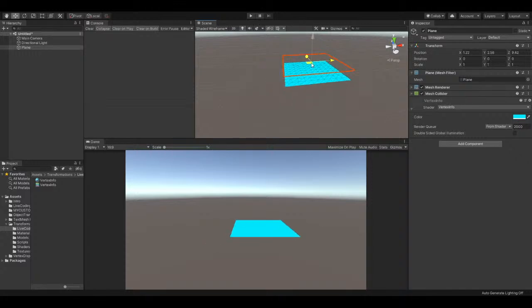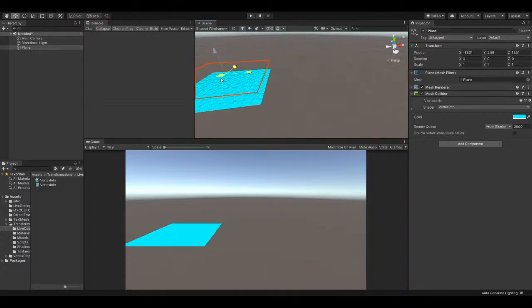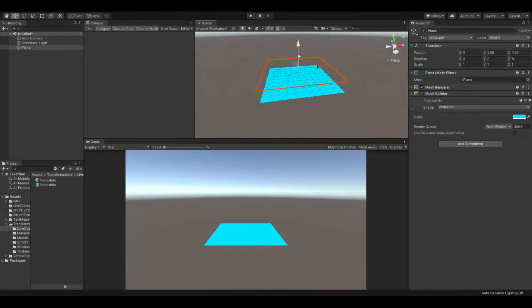If I move this anywhere, it will move in the x and z plane, but the y-axis is mapped, we have actually mapped it as 1. So even if I change the y-axis right here, the object moves, but in the view, because of the shader, it's still stuck at the same place.